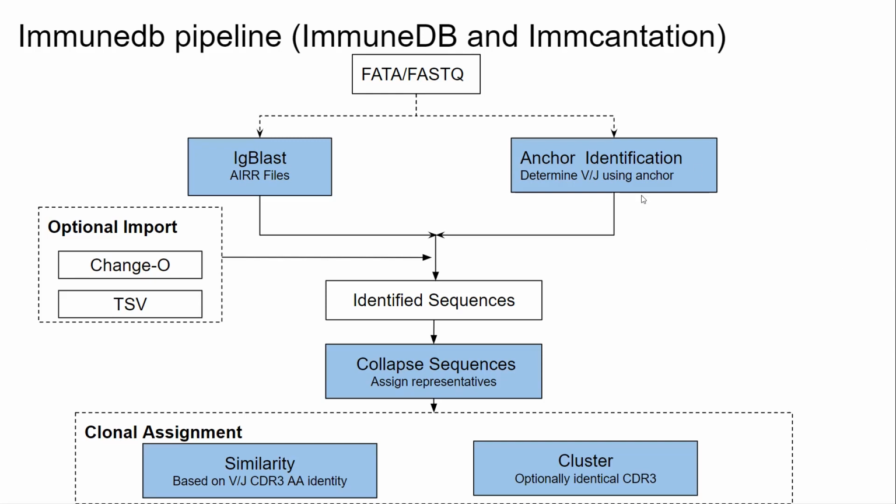So one can choose to start from raw FASTA or FASTQ files, or even pre-annotated sequences from an array of formats like Change-O, or even import AIRR format, where we now have the IgBLAST tool integrated in the pipeline.